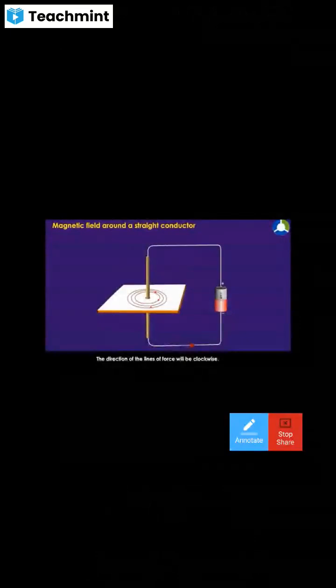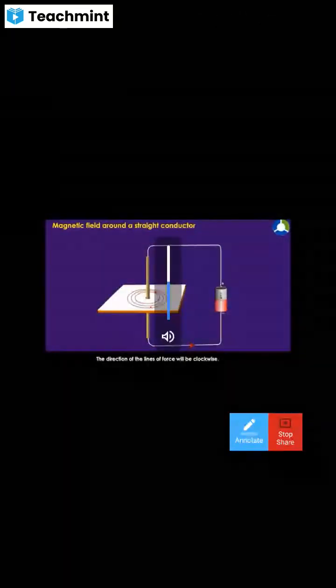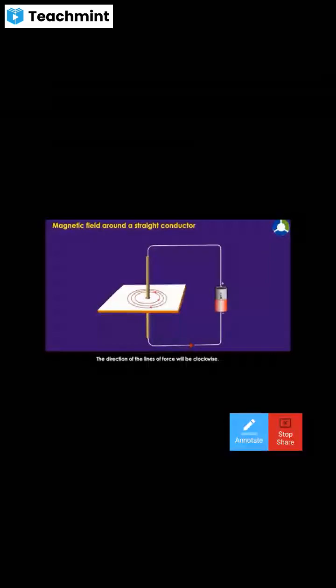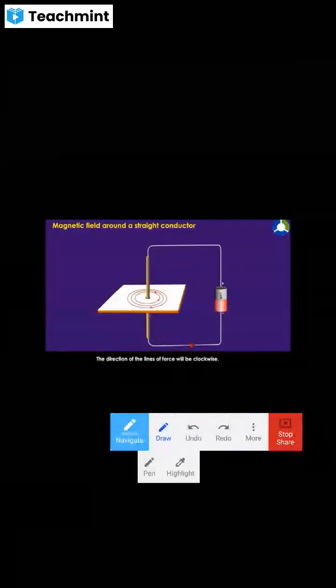So can you see the red arrow mark? That means positive to negative. When you were drawing the circuit diagram, you remember the arrow mark; it is this same diagram. And now look at the circles. There are arrow marks on them.